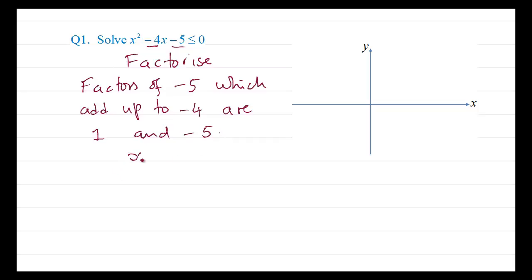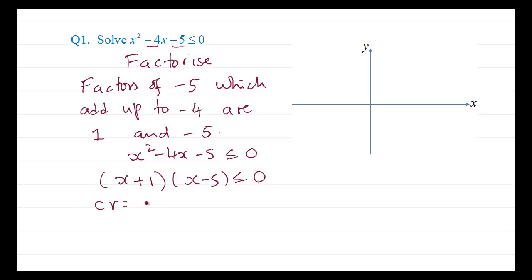So x squared minus 4x minus 5 less than or equal to 0 is written as x plus 1 then x minus 5. So therefore the critical values are x equal to minus 1 or x equal to 5.